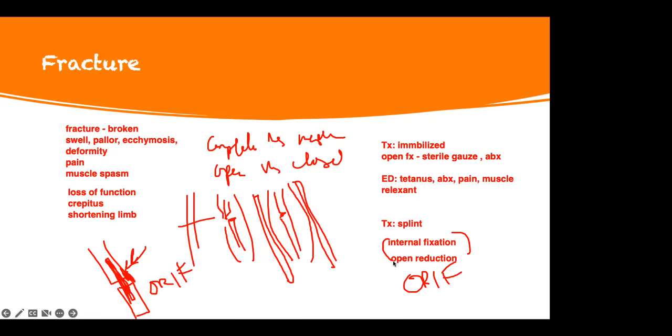If we have open reduction, guess what we have? Closed reduction. That means they give you some pain medication in the emergency room, and they twist your leg and straighten it. You hear a crack, you scream once, and that's the end of it.